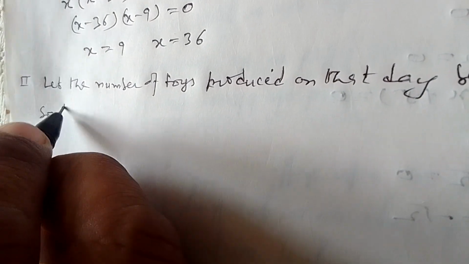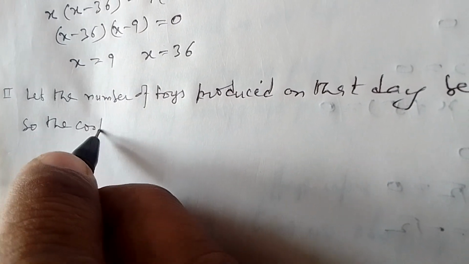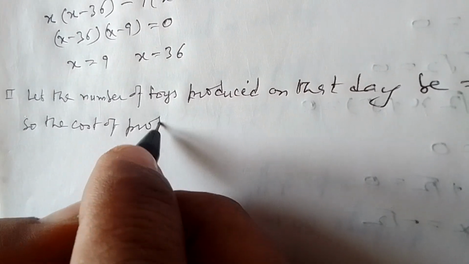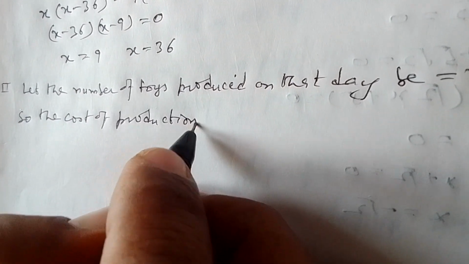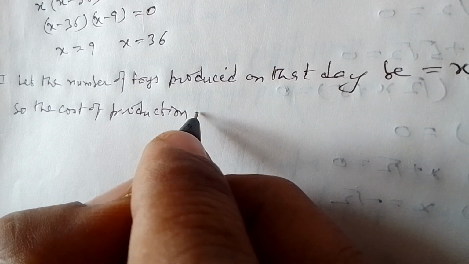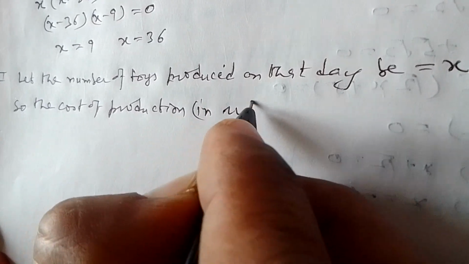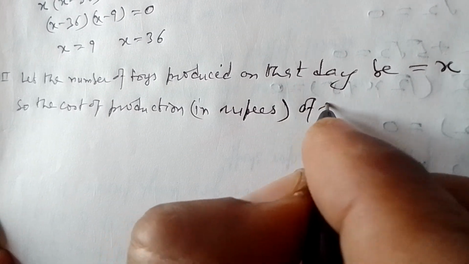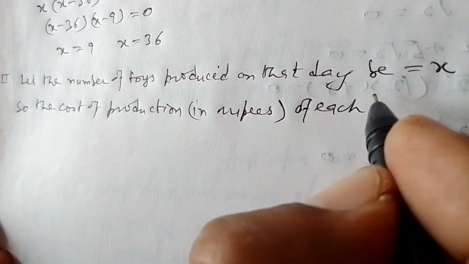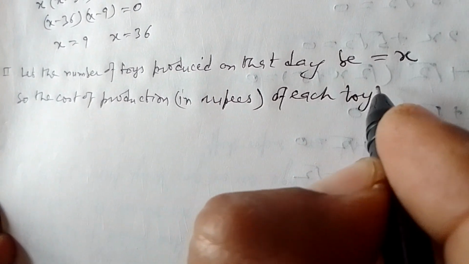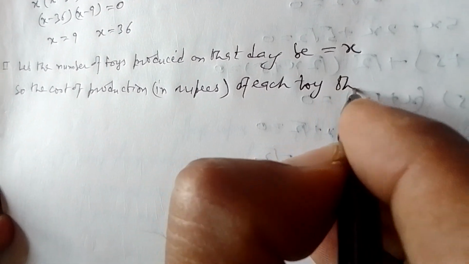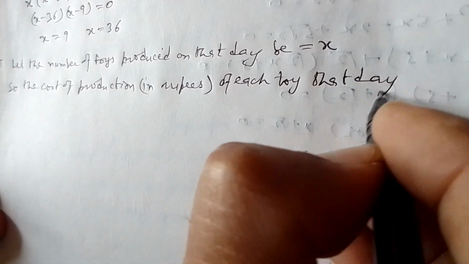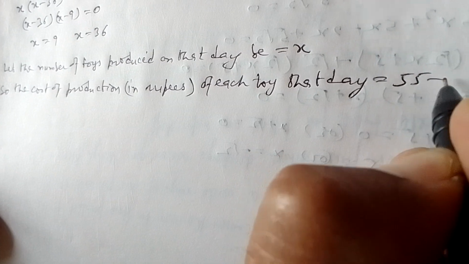So the cost of production in rupees of each toy that day is 55 minus x.